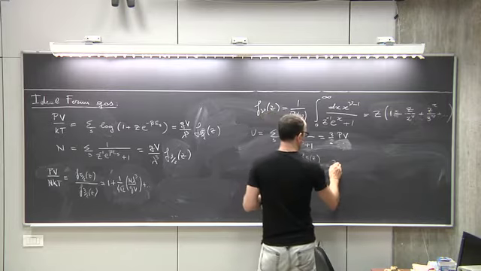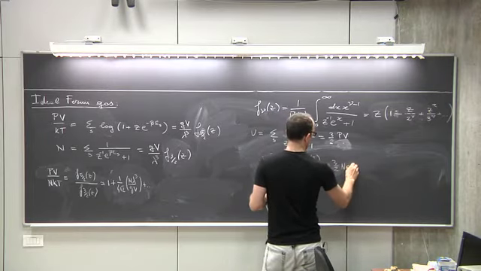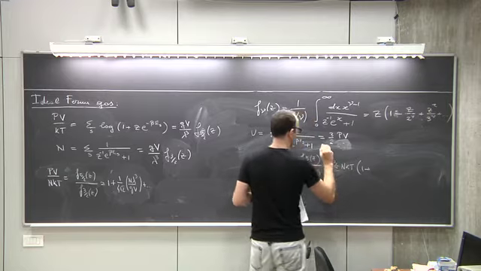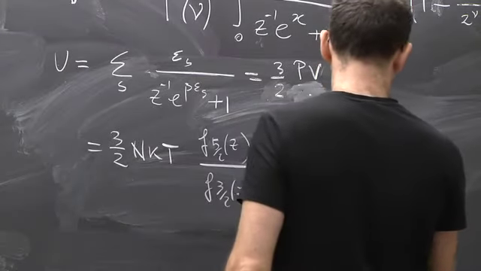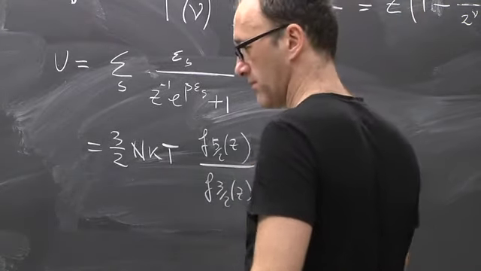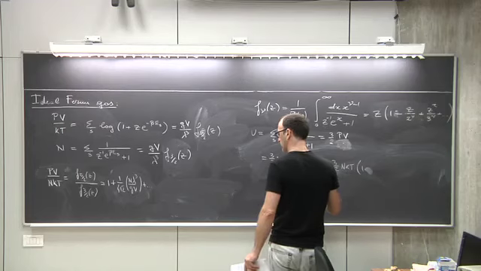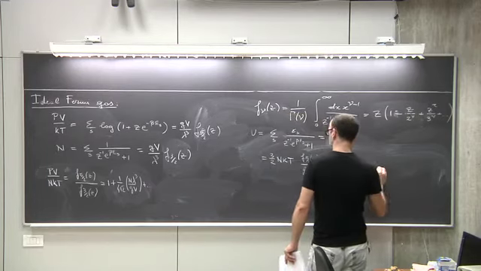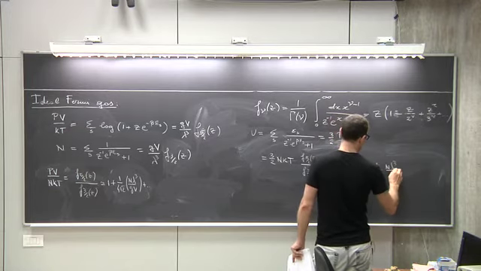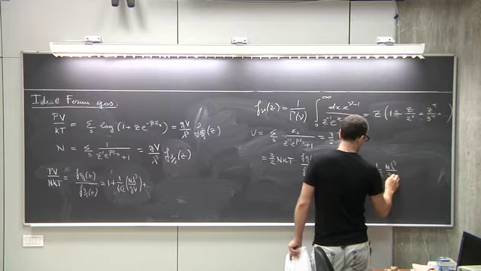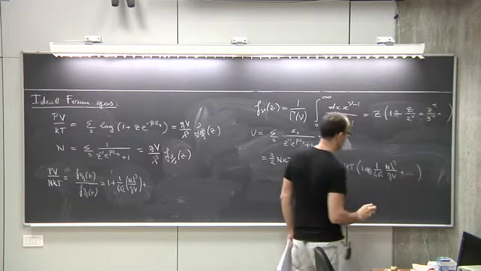So it is equal to 3/2 N kT for high temperature and low density. It is equal to 3/2 N kT times 1 plus 1/4 square root of 2 times N lambda cubed over V. Okay.